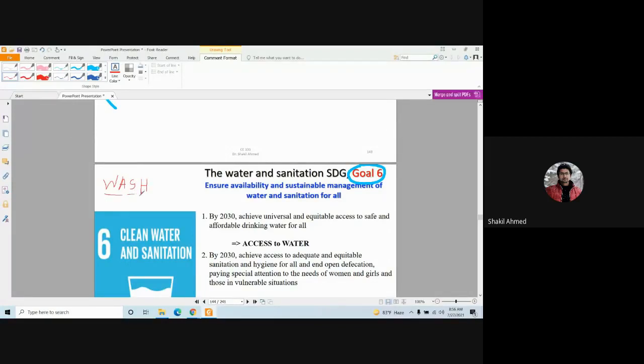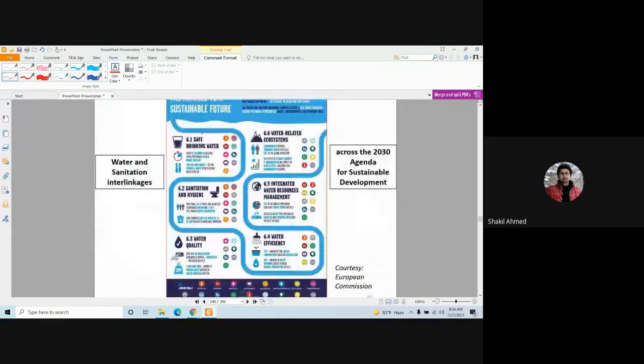Goal 6.1 targets safe drinking water. 6.2 targets sanitation and hygiene. 6.3 targets water quality. 6.4 targets water efficiency. 6.5 is integrated water resources management, and 6.6 is water related ecosystems.